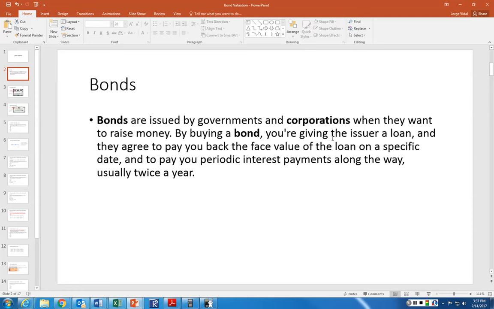When you buy a bond, you're giving the seller a loan, the company or the government, and they agree to pay you back the face value or par value at the end of the life of the bond. They will most of the time pay you the coupon payment, which is the periodic interest rate payment, usually twice a year, or semi-annual bonds as we saw today in class at the end.